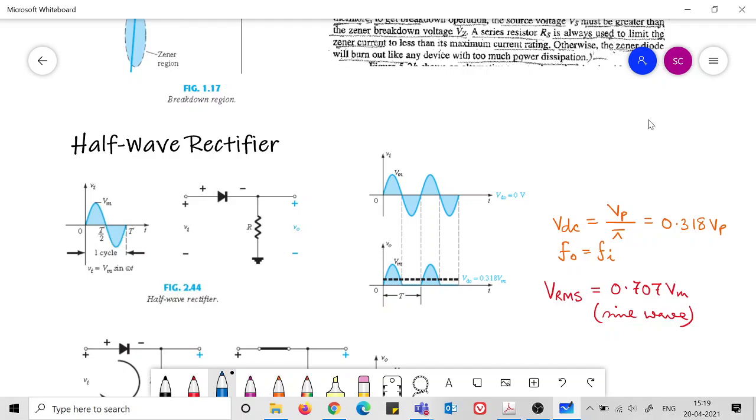Now we have an AC voltage at this end. The Vi graph is shown here. There is a peak voltage of Vm. Now what would happen? Whenever this diode is experiencing a positive voltage, so whenever the positive cycle is in Vi, you can appreciate that the diode is experiencing a positive bias, a forward bias.